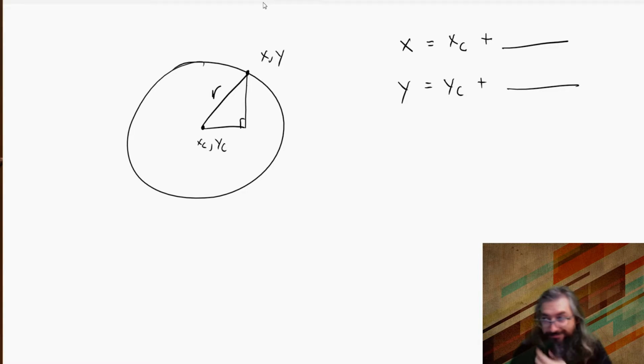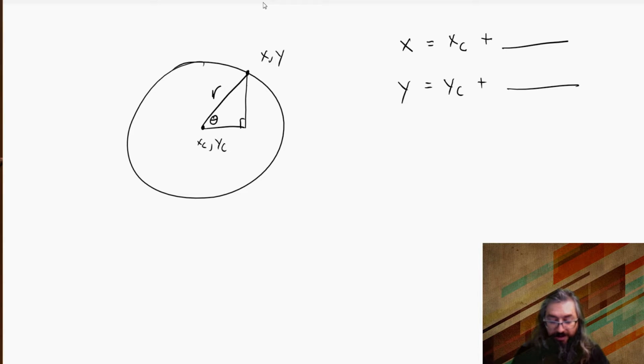So we have to figure out what other information we know. If we think about this triangle, the thing we have control over is that if we want to put a point somewhere specific around this circle, we can dictate which angle we want in this corner.